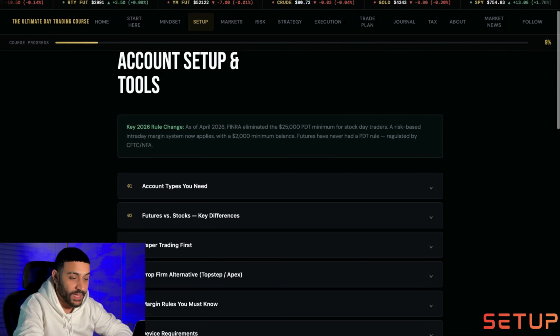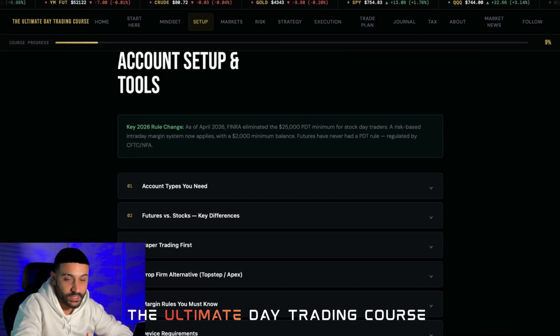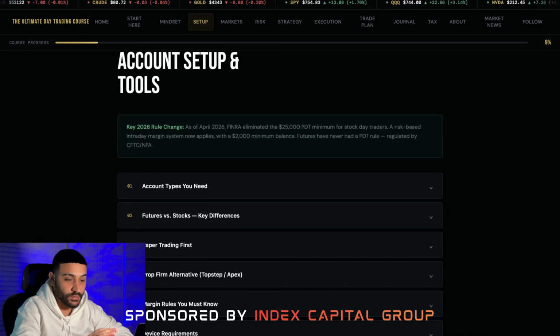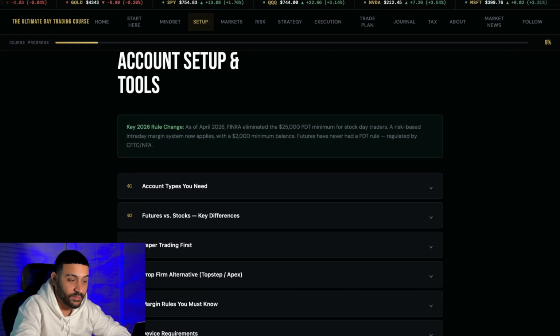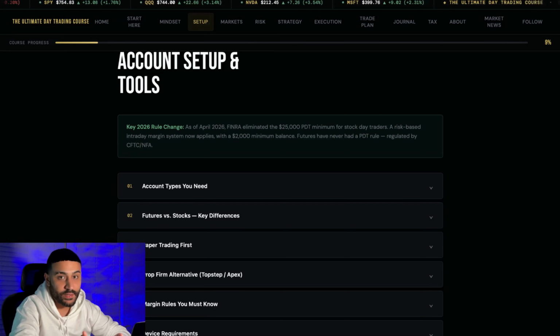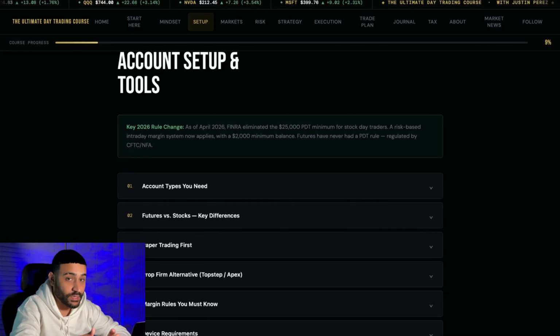So, as of late April, they actually changed the rules again. There is a margin rule for a minimum balance that you should have in a margin account. But as far as futures, they've never had a minimum amount that you have to have in order to day trade.